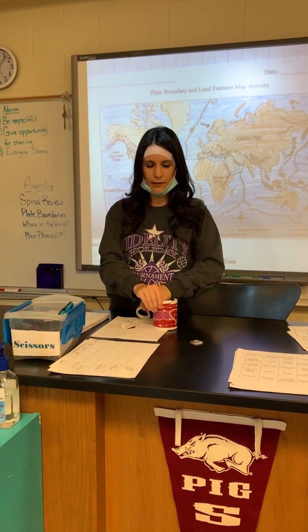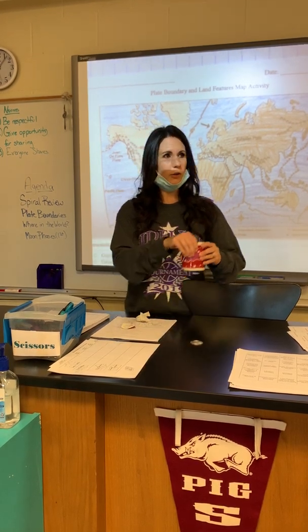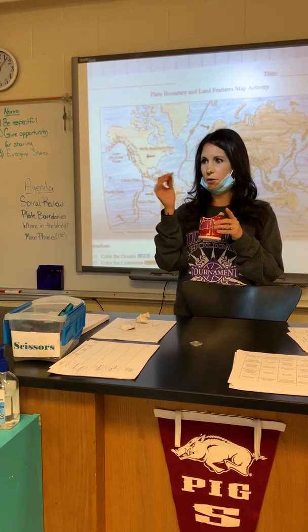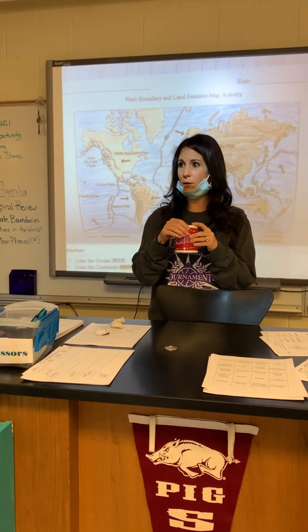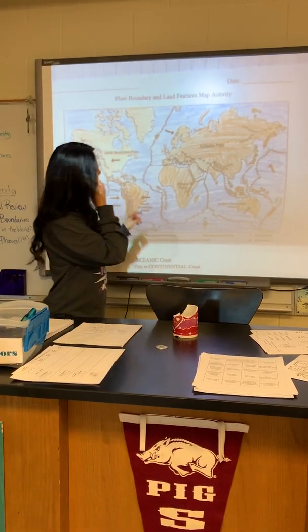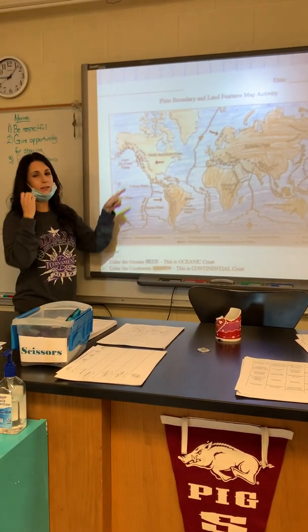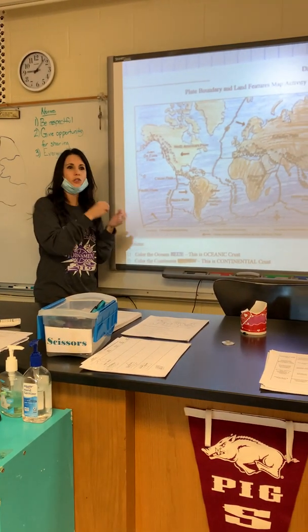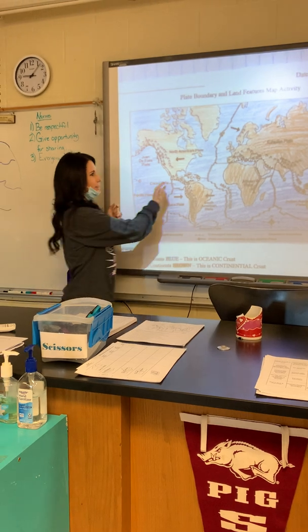So if I put it back like this and I glue it here, chances are this is going to break again right there where it's broken already, because it's a weak point. So that's kind of like what's happened to our Earth. Our Earth has all these plate boundaries all over it, and those are the weak points. That's where we're going to have changes happen to our land, at these breaks.